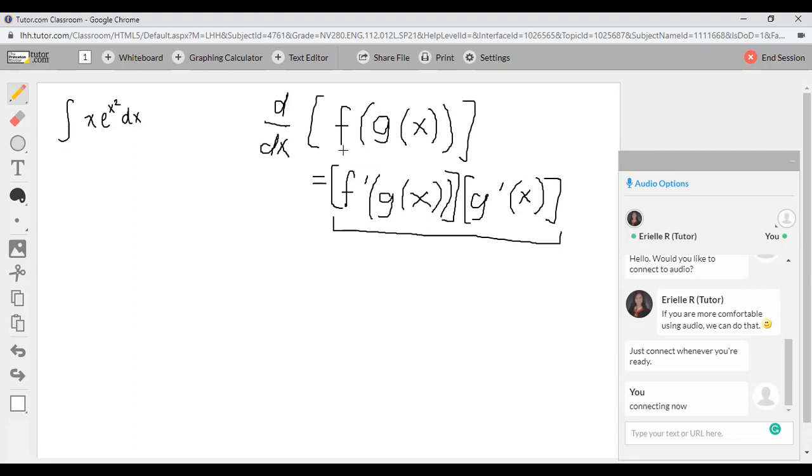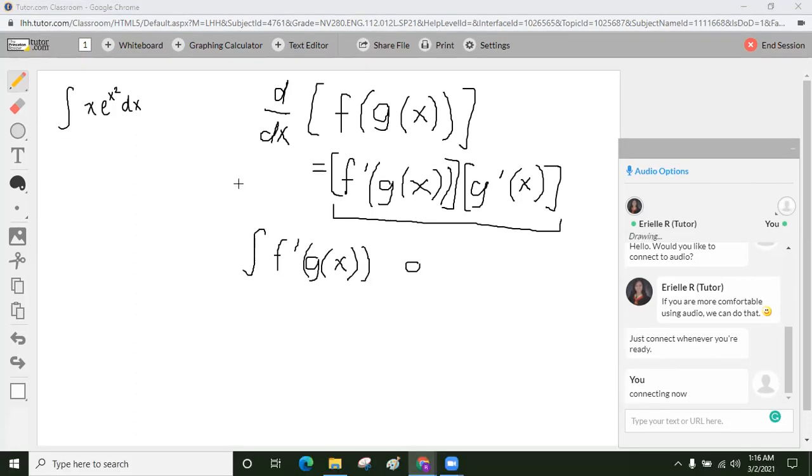Sure. Okay, so let's integrate this part right here. So we have f prime of g of x multiplied by the derivative g prime of x, and let's say dx is the differential that we have.